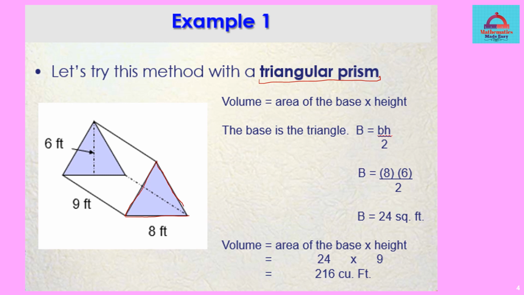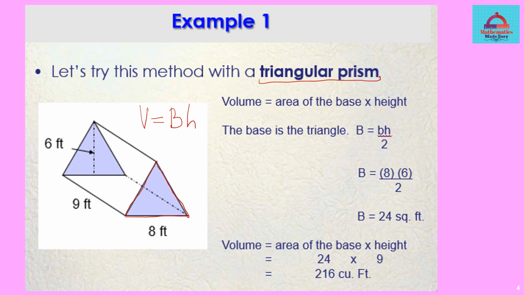Meaning, if I take this prism, rotate it a little bit and make it stand on this triangle, then that's my base area. So when I'm trying to find the volume using the formula capital V is equal to B times h, the one that you just saw in the previous slide, we will be able to find this capital B by finding the area of this triangle.